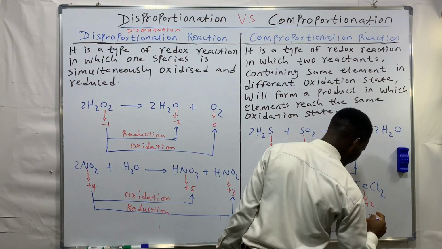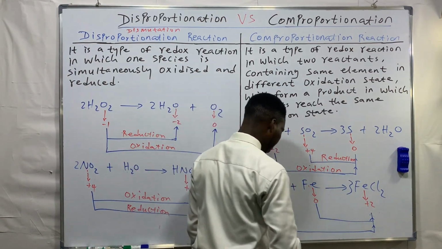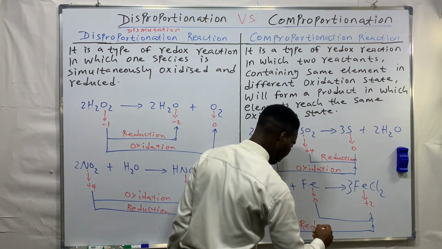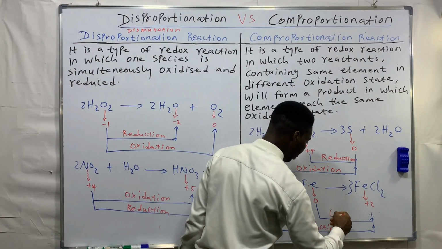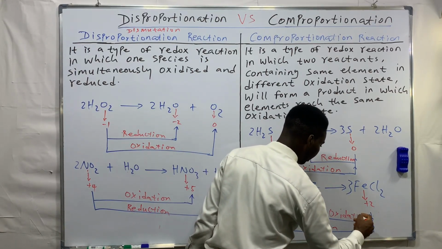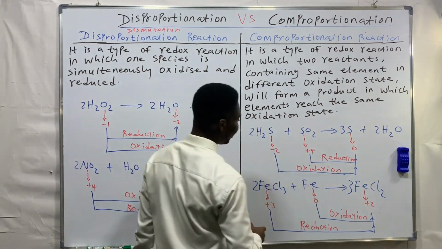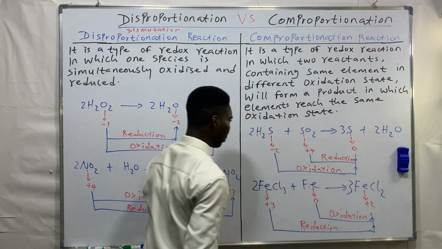So what do you see? From +3 to +2, that's a decrease. This is reduction. From 0 to +2, that's an increase. That's oxidation. So you can see that they both go to the same oxidation state in the product.